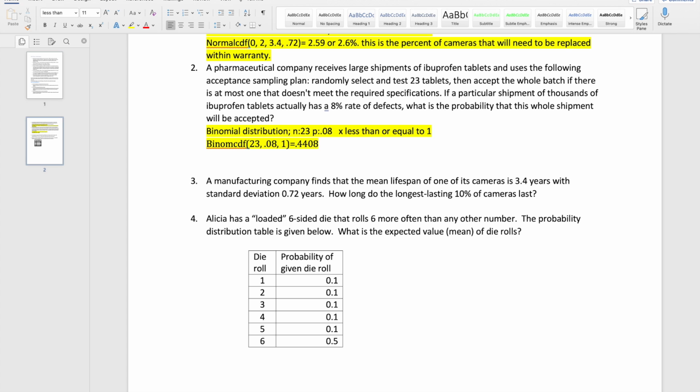What is the inverse? What is the possibility that this will not be defective or that this will be okay? Then we can do the opposite because this is an inverse.